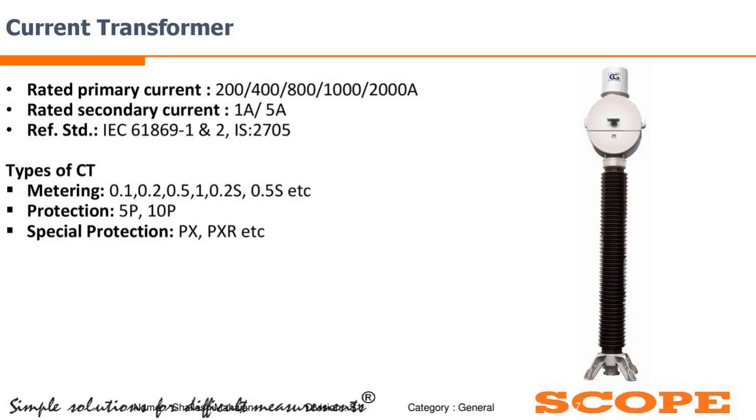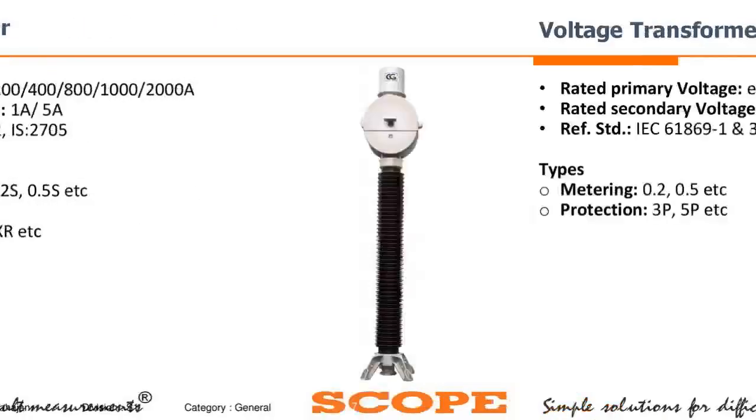P indicates protection, and 5 is the accuracy claimed for protection purposes. Another type is PX and PXR, special protection CTs used for differential protection of transformers and busbar differential protection. So these CTs we need to use.